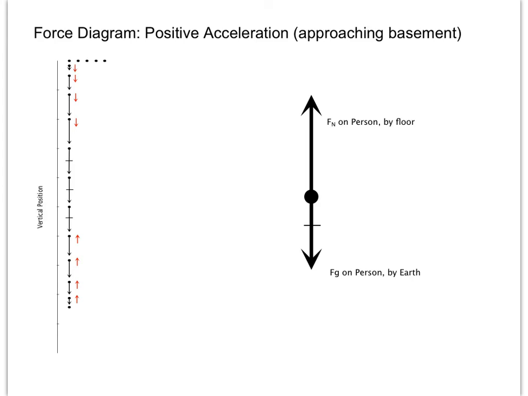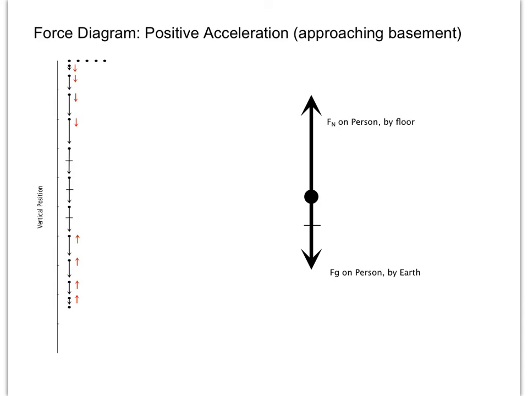Now, if we look at our force diagram, we'll see that the bathroom scale reading, aka the normal force, got larger for a brief moment. It's because during this time, we are accelerating upwards, therefore the longer force must be pointing upwards.